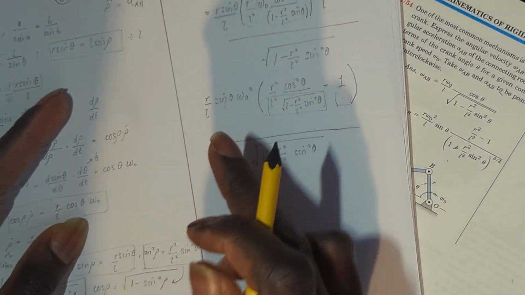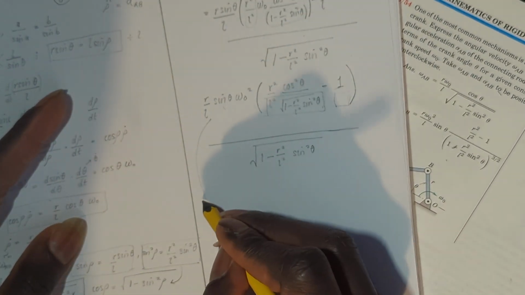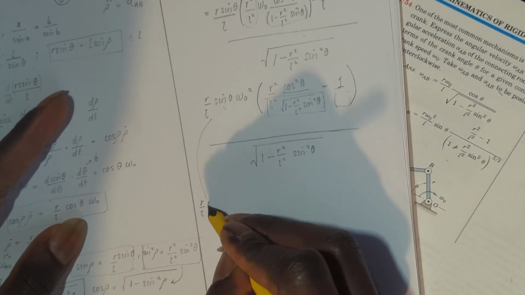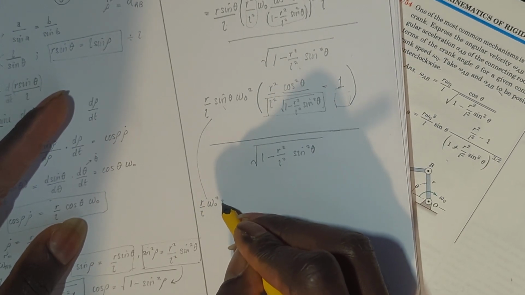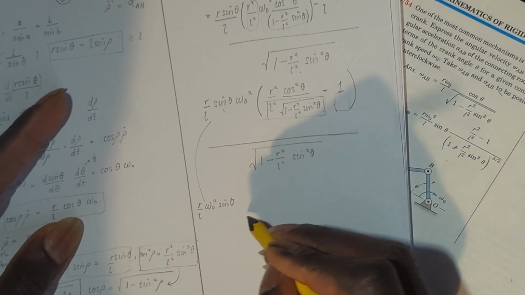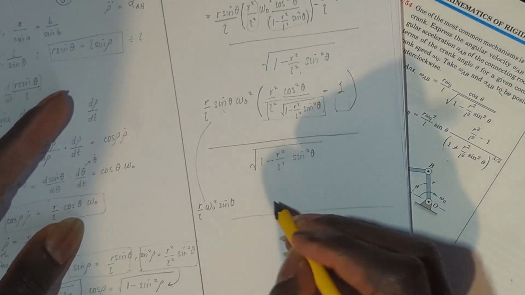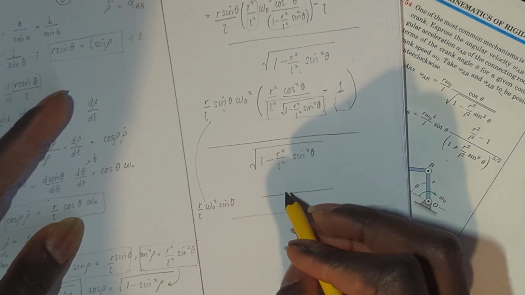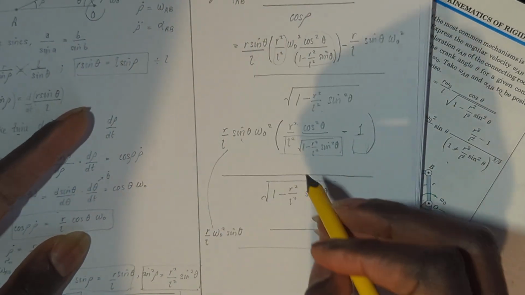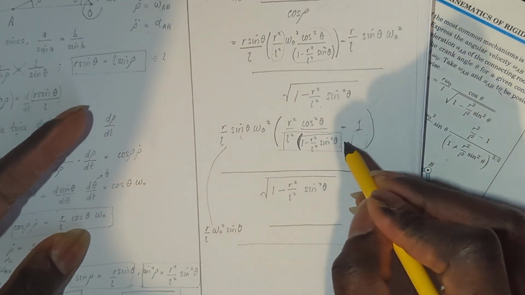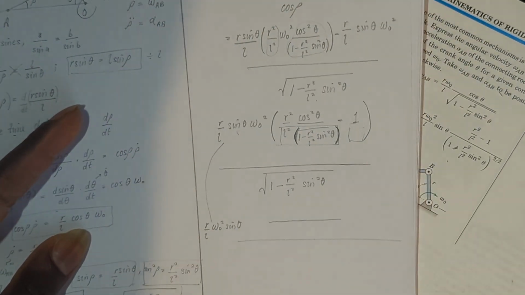So, r over L omega naught squared sine theta. Now, what is this line? Now, this is not square rooted. Pardon me, please. This is just like this.